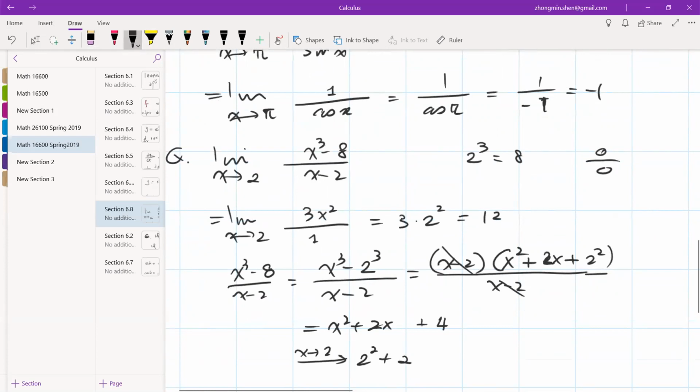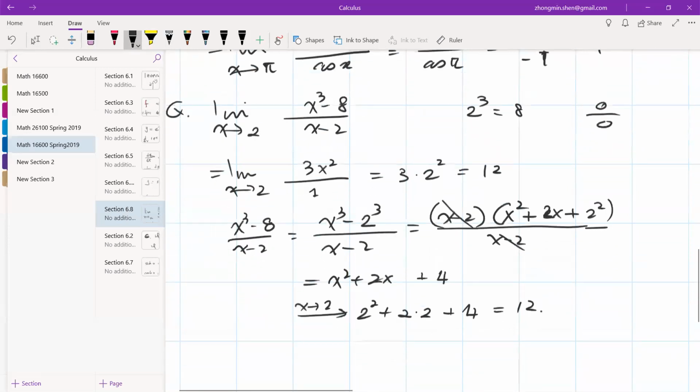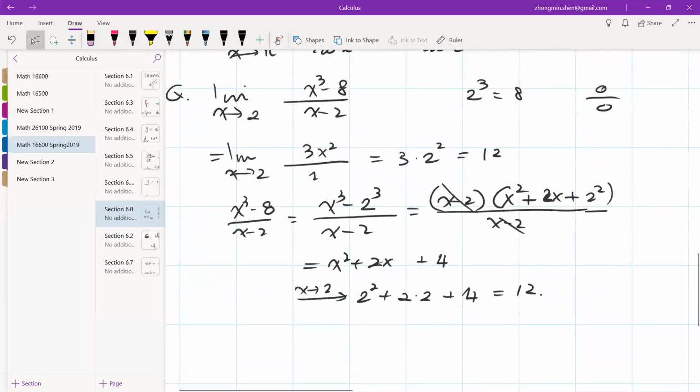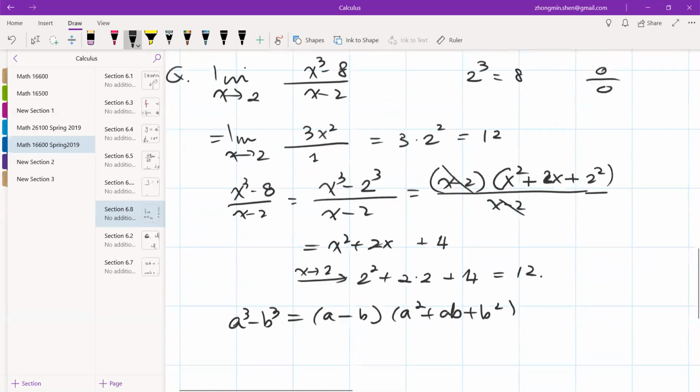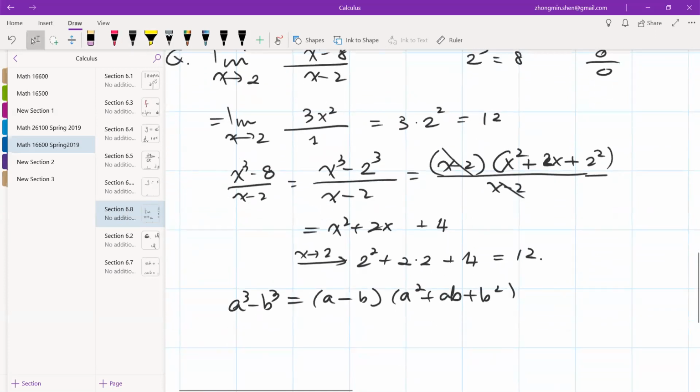So 2 squared, 2 times 2, plus 4, that's going to be 12. The same answer, right? But you have to know this formula: a cubed minus b cubed is a minus b times a squared plus ab plus b squared. Otherwise you're not able to use this method to solve the problem.